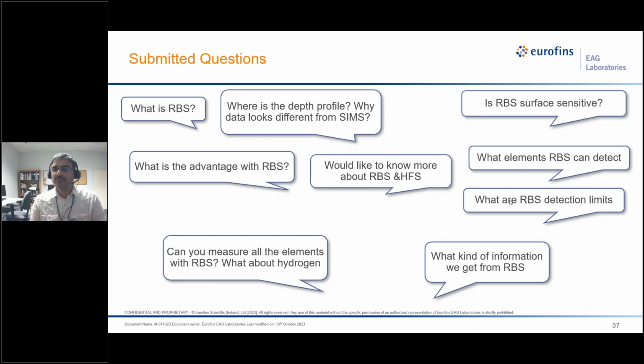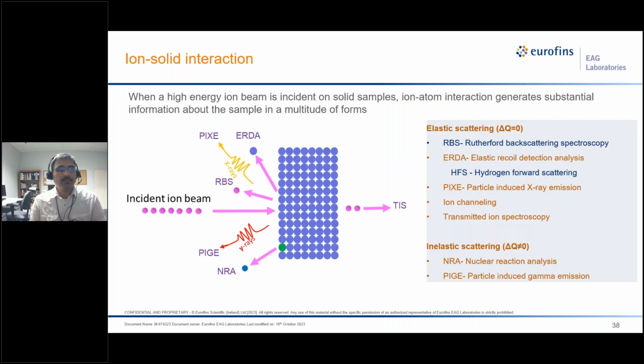So we have received many questions regarding RBS, and in particular RBS and HFS. Here I grouped most of the questions and I'll try to answer them in as much detail as possible. In RBS and HFS, we use a high energy ion beam to measure atomic concentration of thin films.